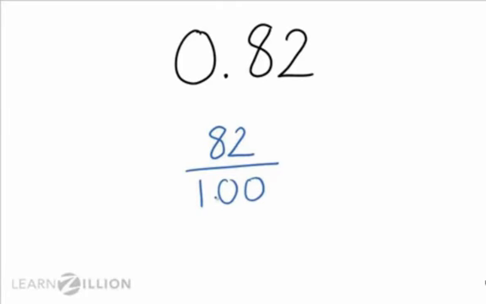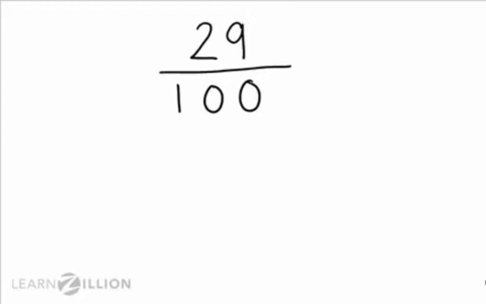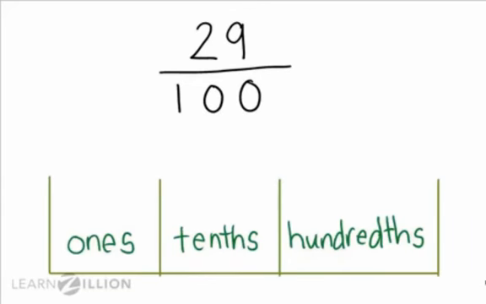Let's see how this works another way. Here we have the fraction 29 hundredths. You know that fractions can be shown in decimal form, and you know about place value, so you can turn this fraction into a decimal. There are no complete wholes or ones in our fraction 29 hundredths.